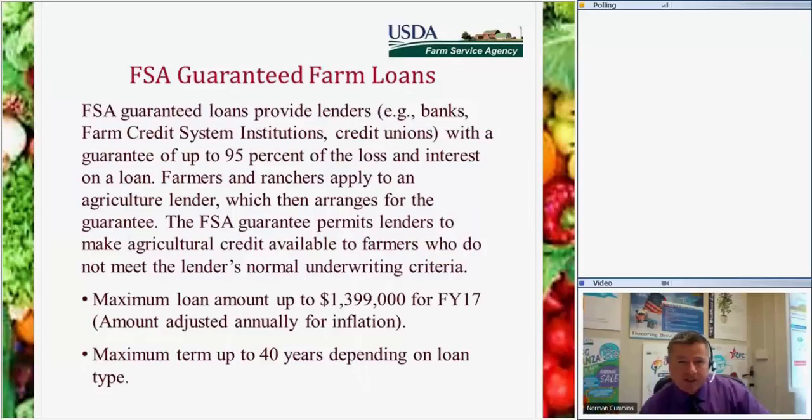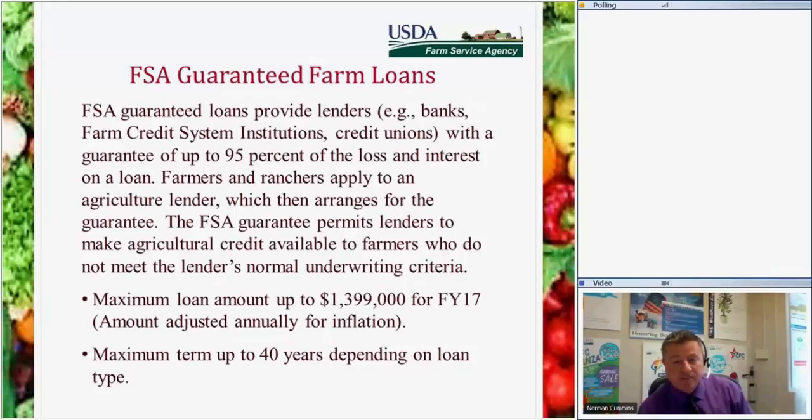So for guaranteed loans, what will happen is you'd go to the bank and submit the application, and depending on the amount and what type of bank you're going to, we're going to guarantee up to 95% of that. The bank itself would communicate with us. We would work with the bank, so there would be no need for you to even contact the county office for a guaranteed loan, unless you had some questions as far as what banks do guaranteed loans in your area, and it's different all over the country.